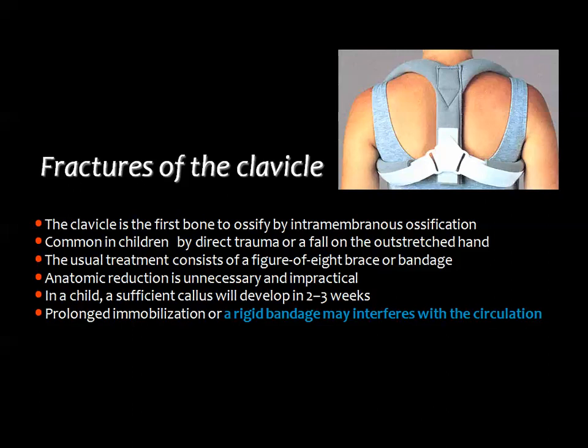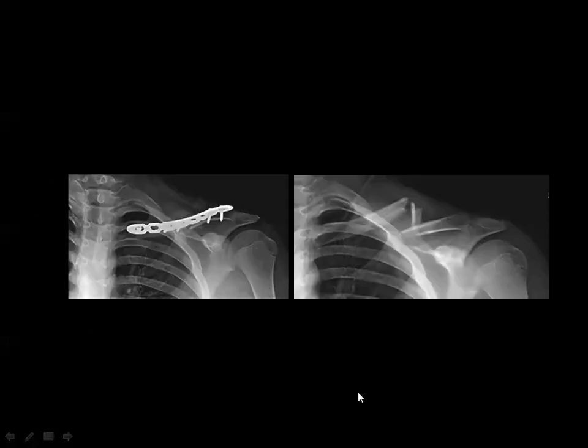Then the fractures may be simple and may be comminuted. An important note is that prolonged immobilization or a rigid bandage may interfere with the arm circulation. And this is an example of a comminuted middle third clavicular fracture.